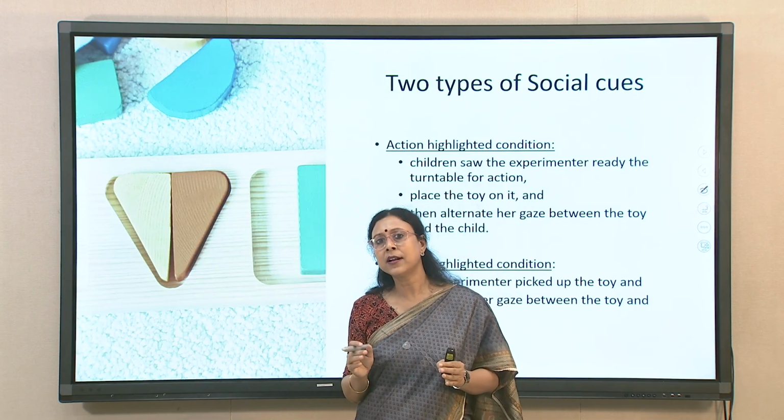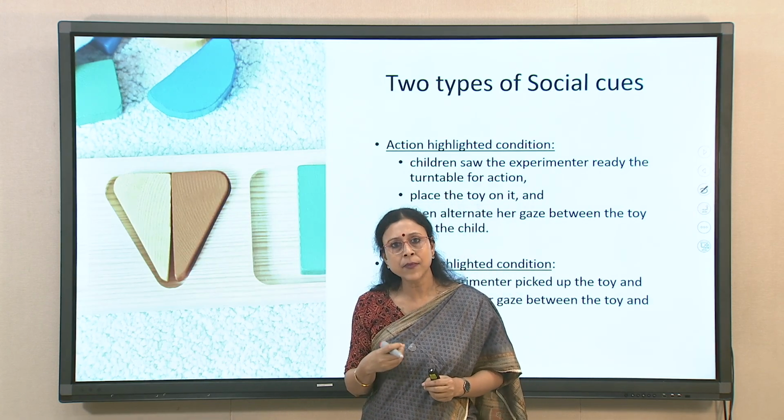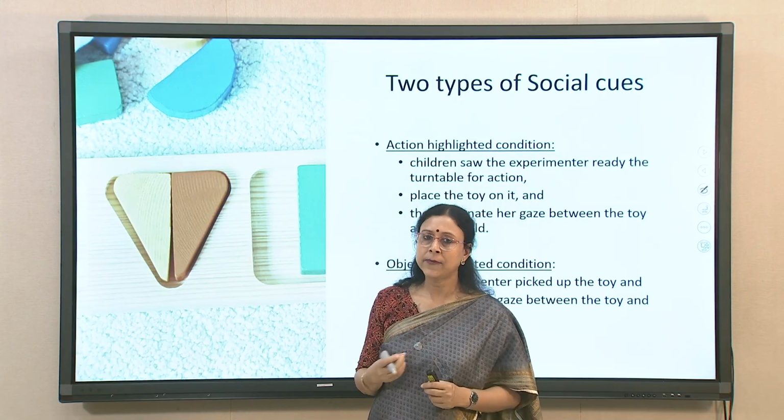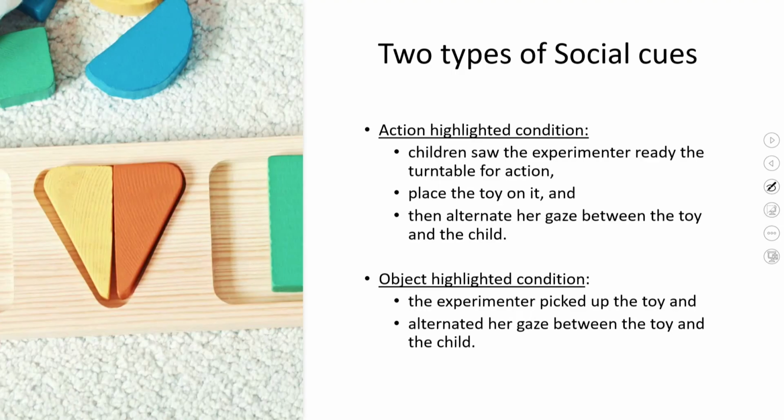What different kinds of action? The experimenter created two different kinds of social cues. In the first case, the action highlighted condition, the experimenter was preparing the turntable. So, she was readying the apparatus for action, then she placed the toy on it, and then alternated her gaze between the toy and the child.